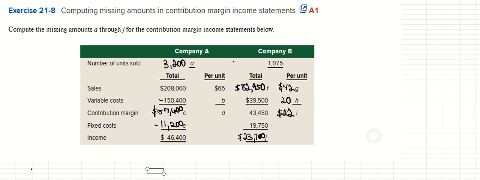That gives us $47 of variable cost per unit. And to get our contribution margin per unit, we take $65, which is the sales per unit, and subtract out $47, the variable cost per unit, to get our contribution margin per unit of $18.